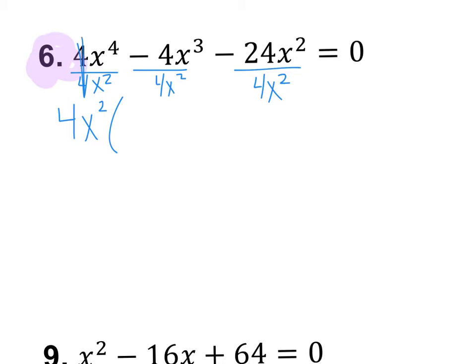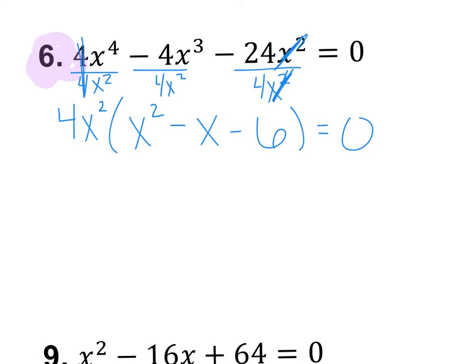My 4's cancel out here, and I have 4 x's on the top and 2 on the bottom. So if I were to cancel those out, how many would I be left with? 2, good. x squared. All right, minus 4x cubed over 4x squared. What would I be left with there? Good, and minus x. And finally, my x squareds here cancel out on the top and bottom, so I'm left with negative 24 over 4, which gives me what? Good, a negative 6.